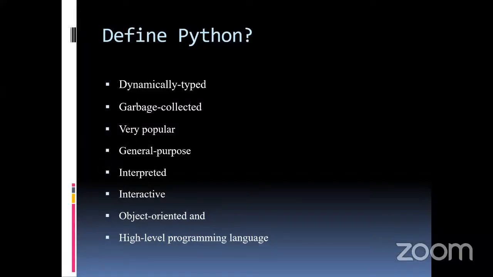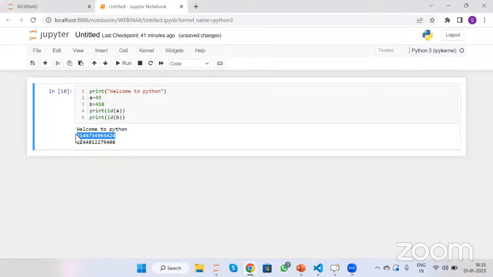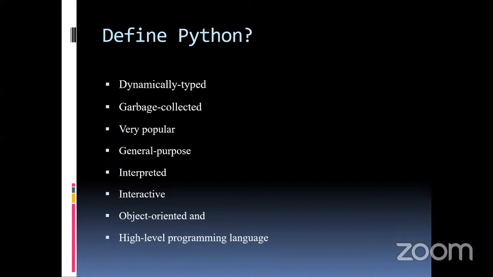The next topic is garbage collection. In Python, garbage collection is done by Python itself, automatically. Before that, what is garbage collection? We have discussed how memory is allocated for each data type and variable in the program. After the completion of each program or module, we have to clean up the memory.